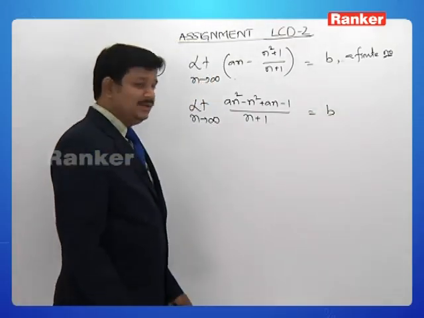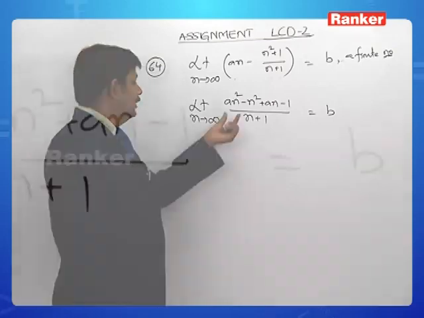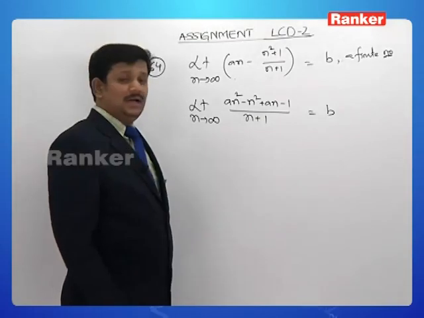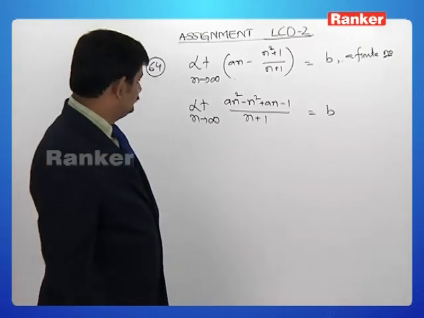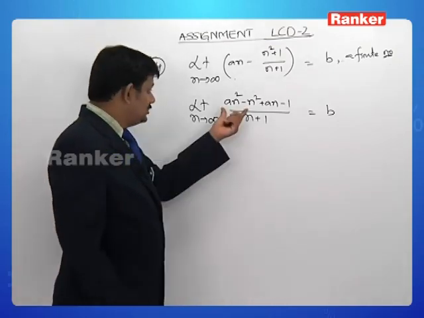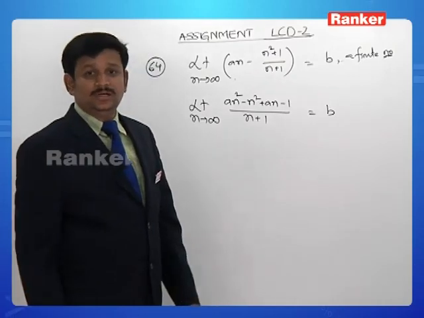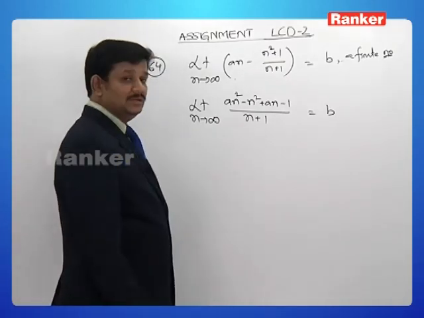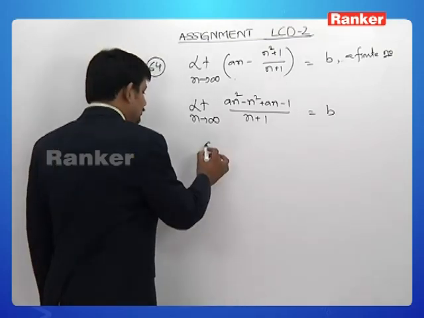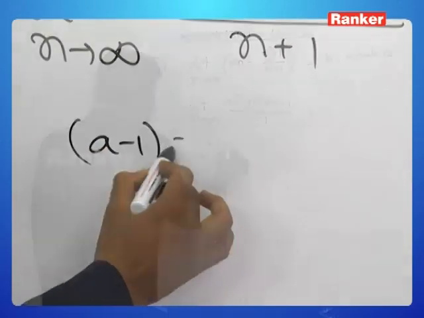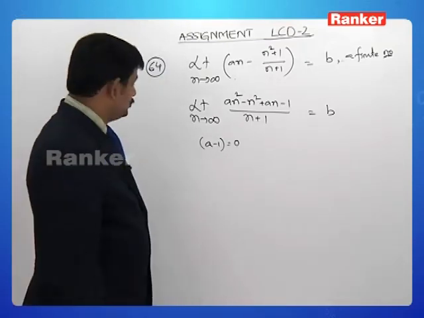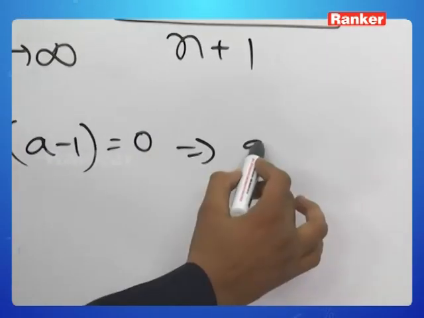As n is infinitely large, if degree of numerator is greater than the degree of denominator, answer would be infinitely large. So n square coefficient in the numerator should become 0 for the answer to be finite. So a minus 1, which is coefficient of n square in the numerator, should become 0. So a should be equal to 1.